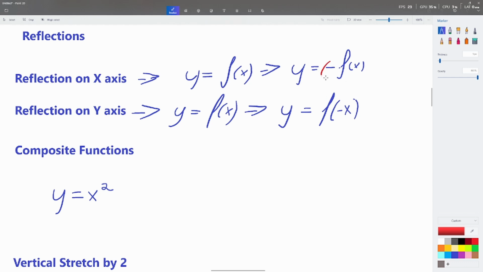Okay, I hope you're not blind. The minus is in front of everything else, however here the minus is here. So you can always remember this: if you want to reflect on the x-axis, minus before everything else. If you want to reflect on the y-axis, you put the negative sign right next to x.